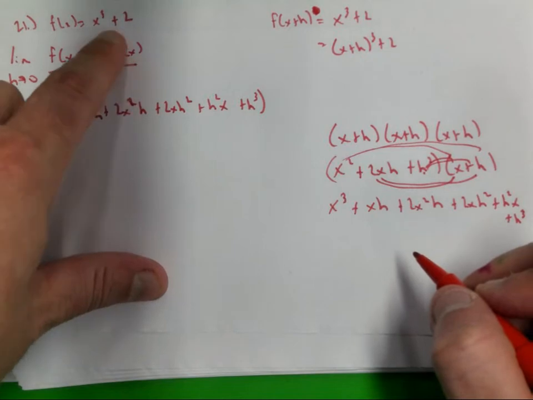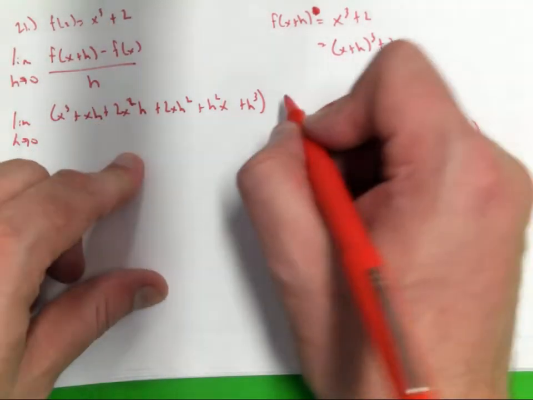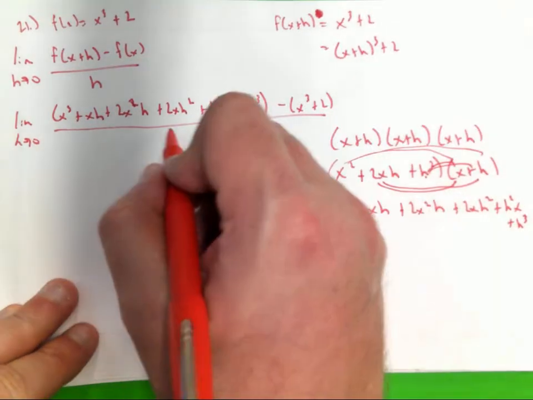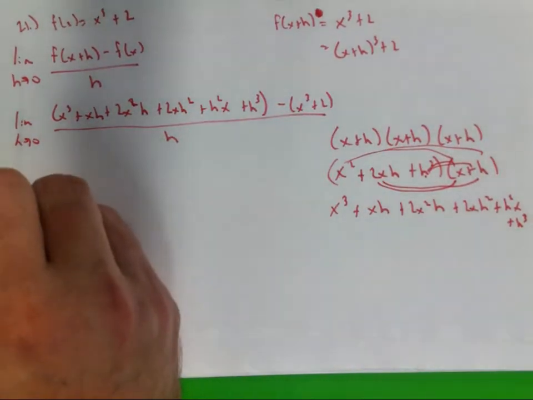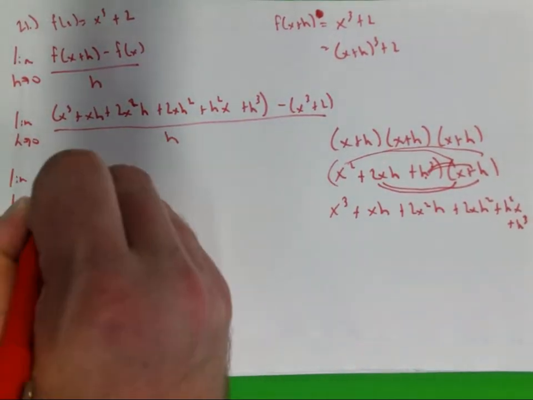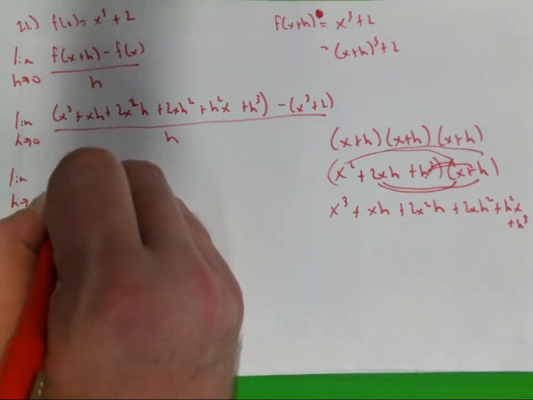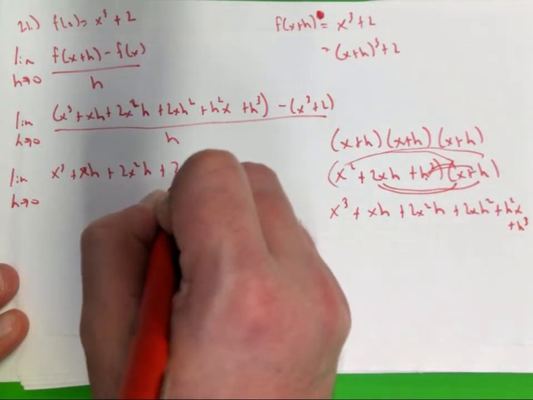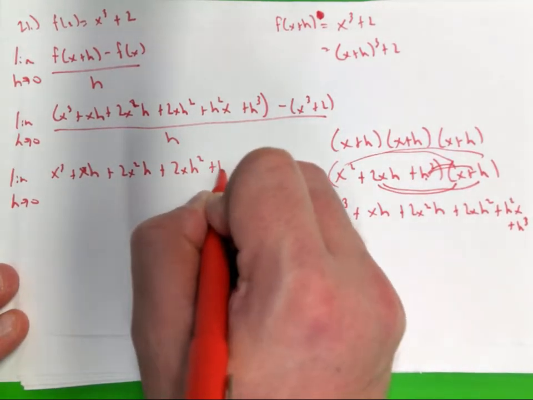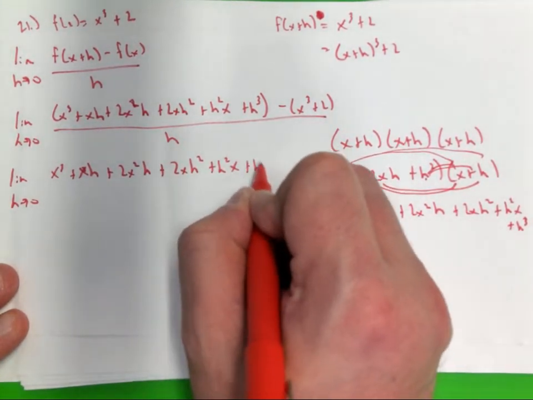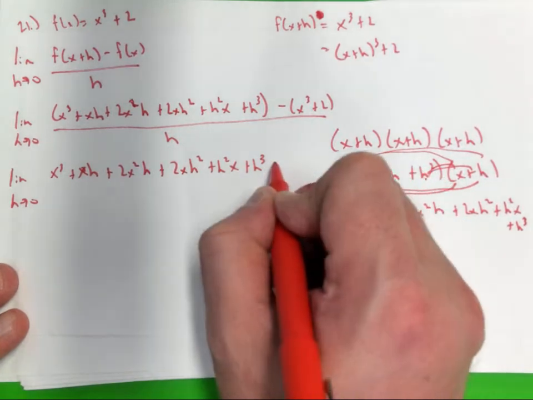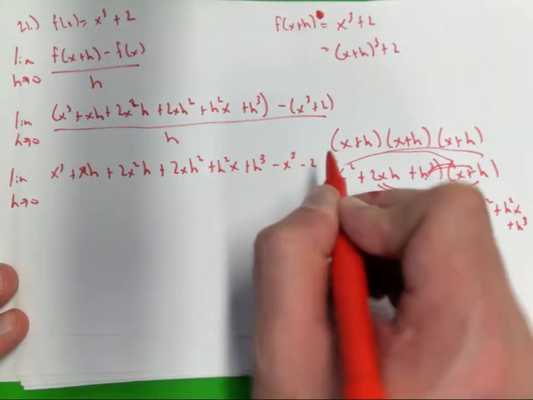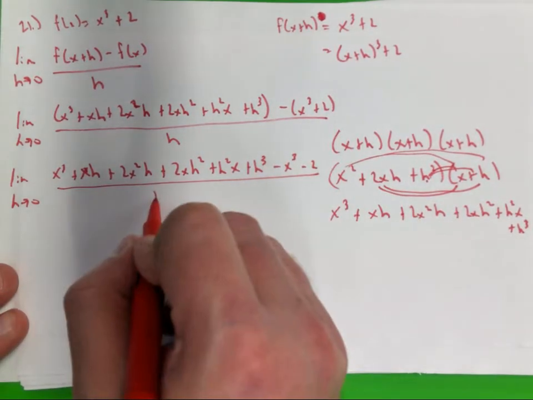Now if I take f of x, plug it in, it's not going to change it, so minus x cubed plus 2, all over h. The limit as h approaches 0 of x cubed plus x squared h plus 2x squared h plus 2xh squared plus h squared x plus h cubed minus x cubed minus 2 all over h.